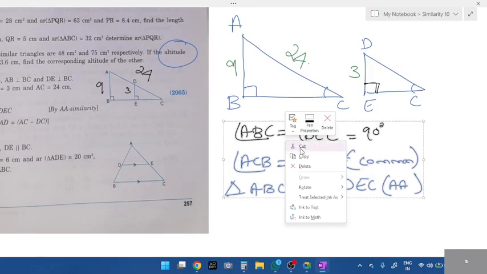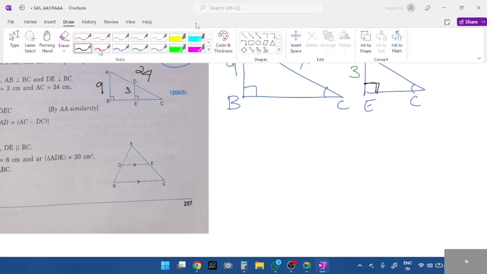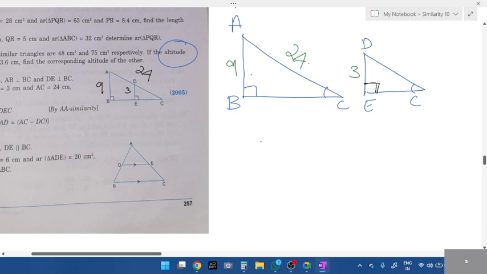AB was opposite to which triangle? See, both are similar. What are the two values given? In triangle ABC, what are the two values? 9 and 24. In the other triangle, what is given? Only one value is given. If both are similar, let me take AB. Opposite to which one? Angle C.